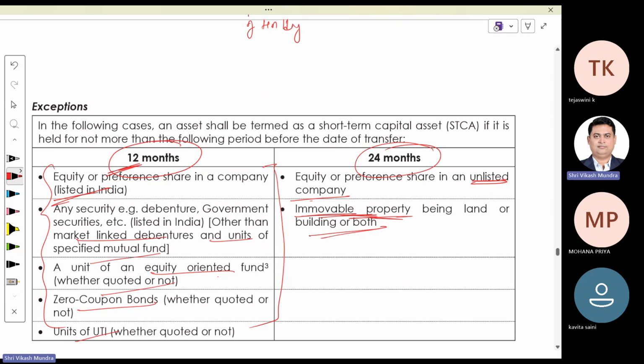If the period of holding exceeds 36 months in general, or in some cases 12 months, or in some cases 24 months, then that capital asset is considered a long-term capital asset. Otherwise, that capital asset is considered a short-term capital asset. Is it clear to all?